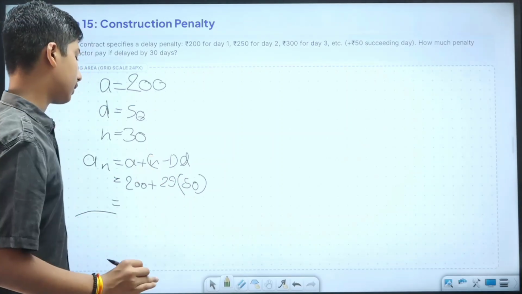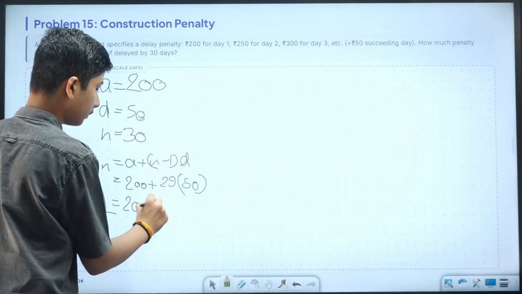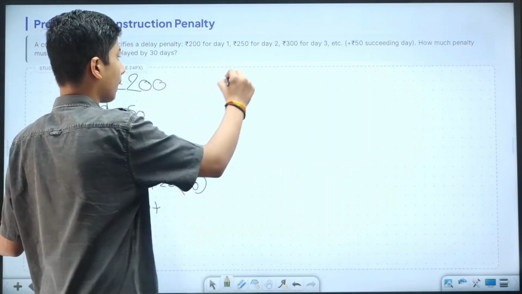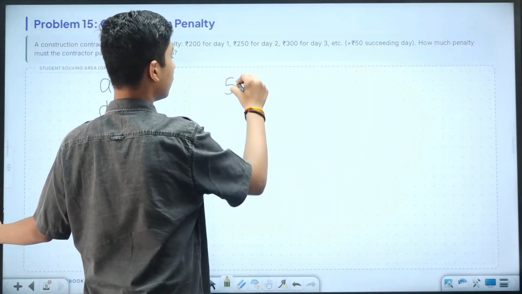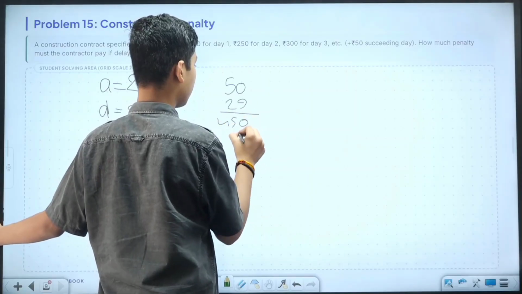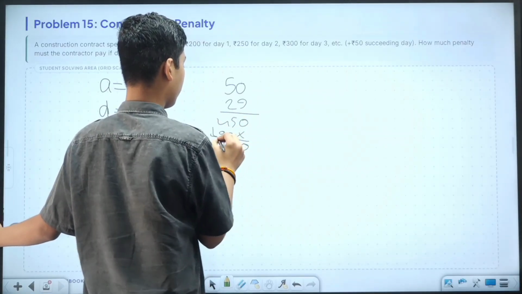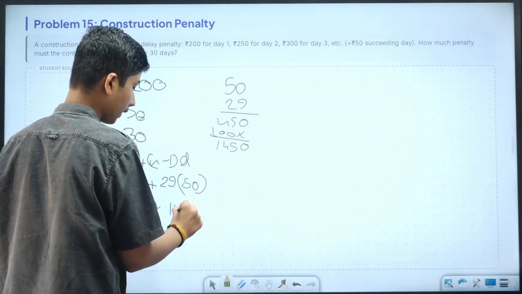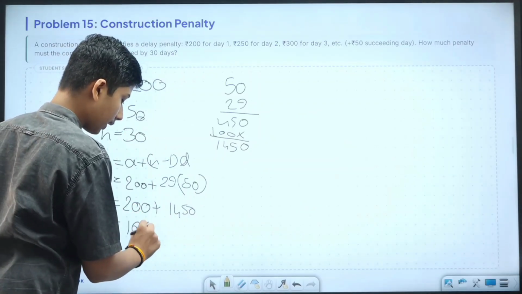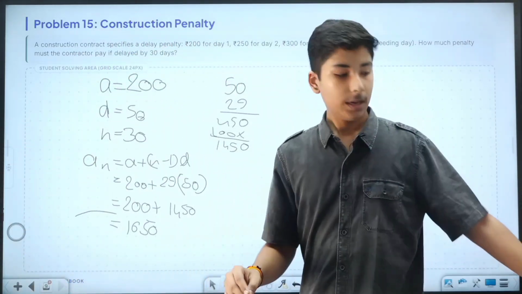We have to solve this. 50 into 29 is 1450. Plus 200 will be 1650, which is our final answer.